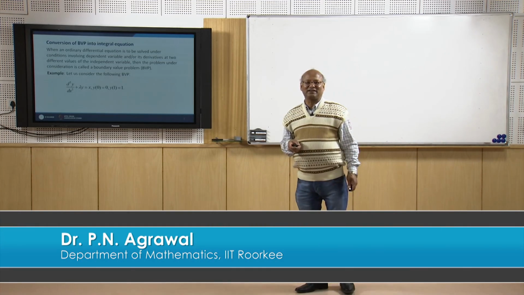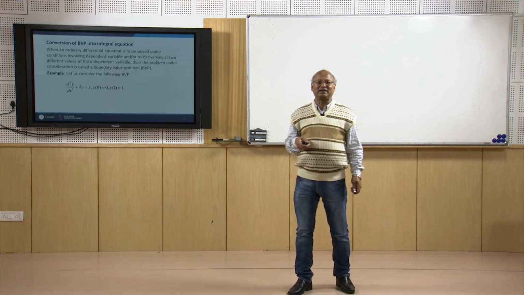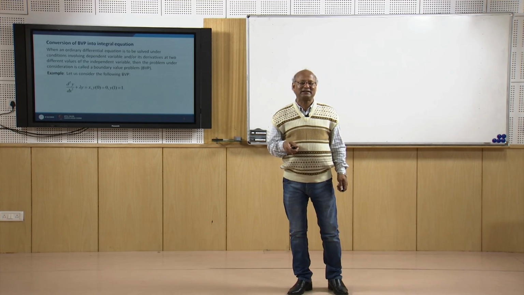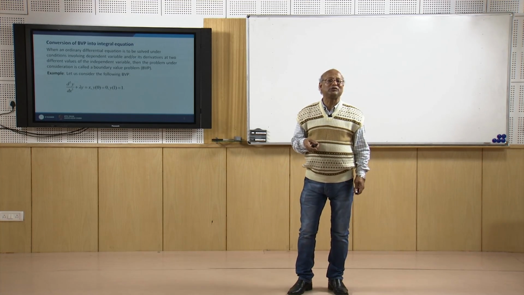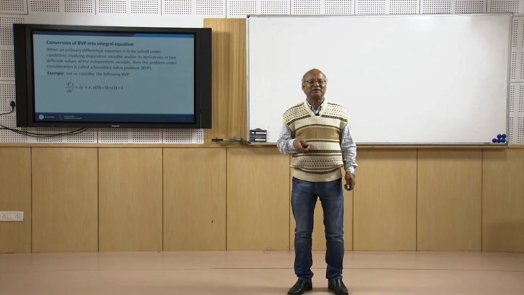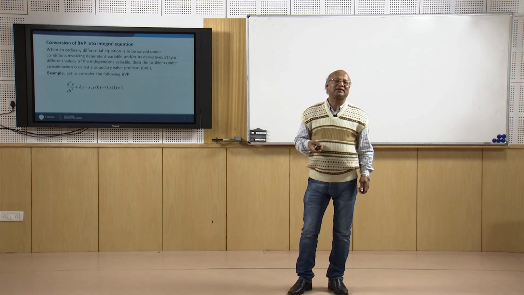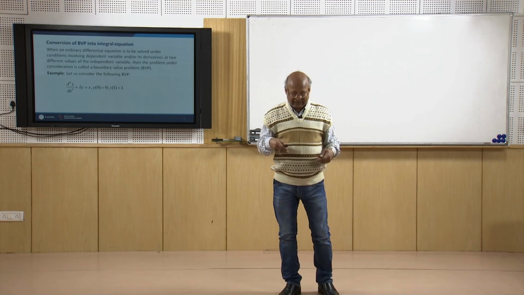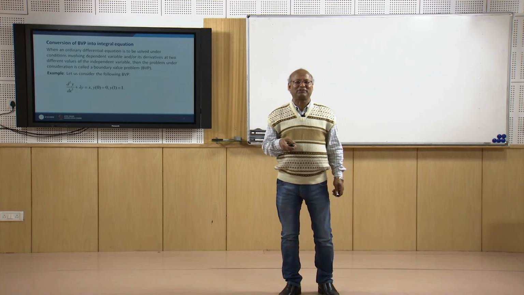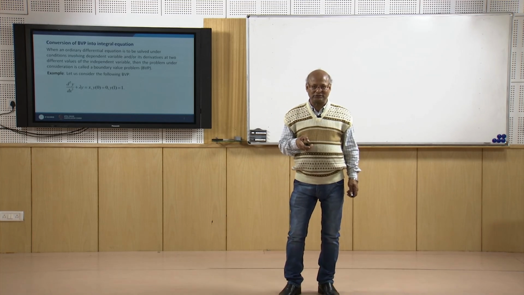In my previous lecture, we discussed how we can convert an initial value problem into an integral equation, and the integral equation which resulted was a Volterra integral equation of the second kind. Then we also recovered back the initial value problem from the integral equation so obtained.